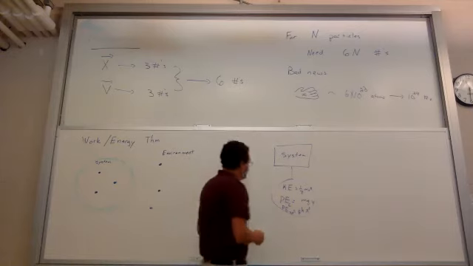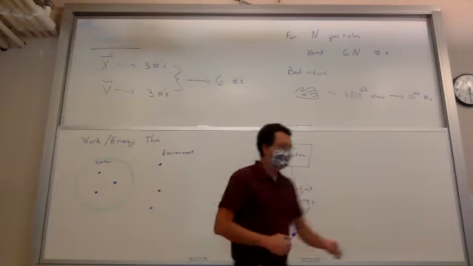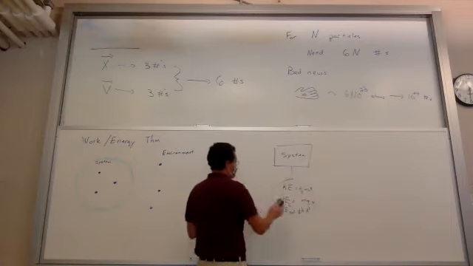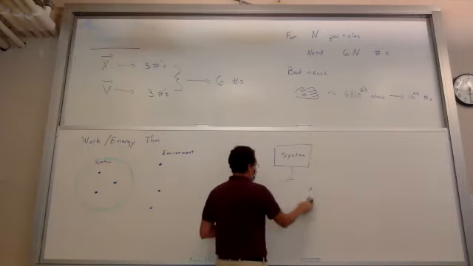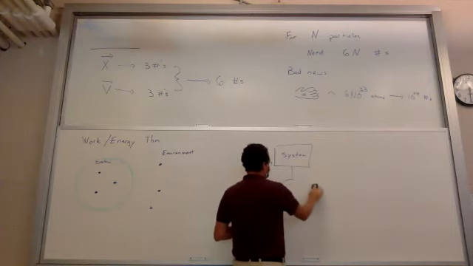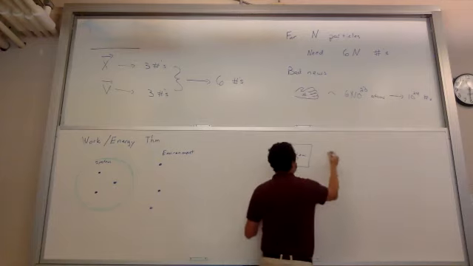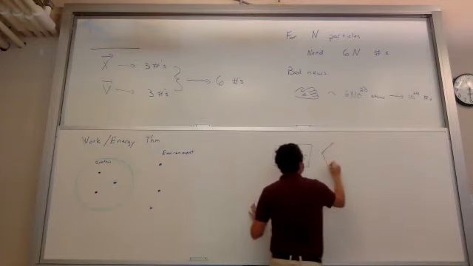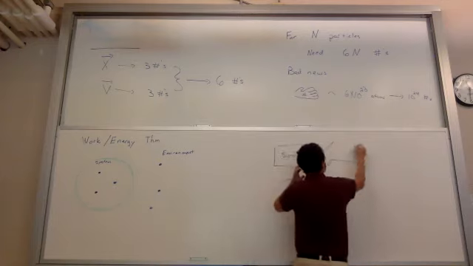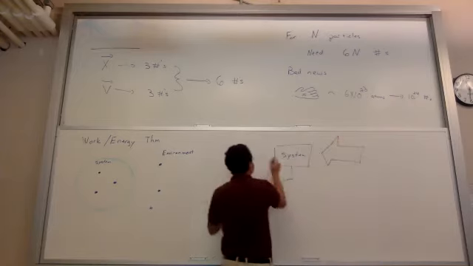So what we're going to have is, on the inside of a system, you have kinetic and potential energy. And then from the outside, from the environment, it can go in different ways.